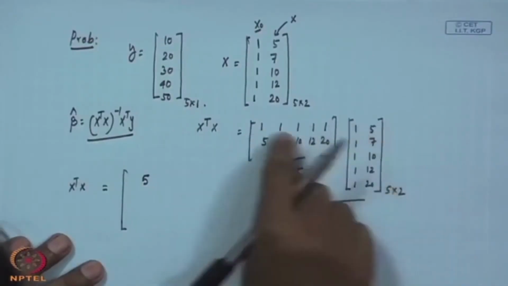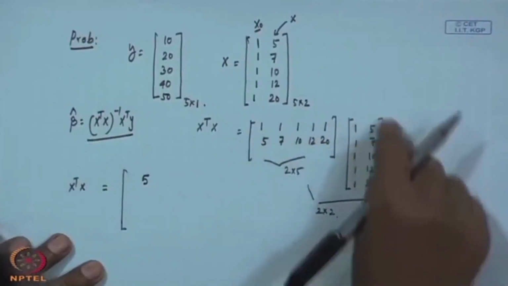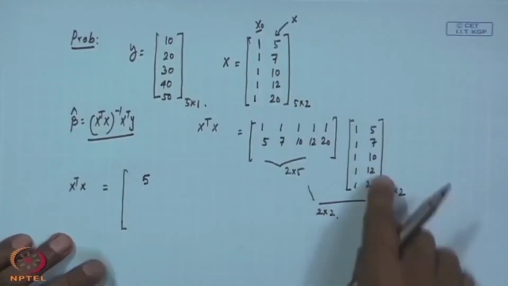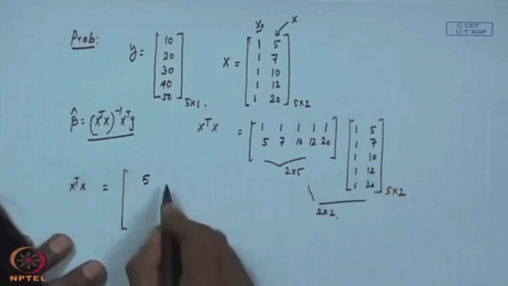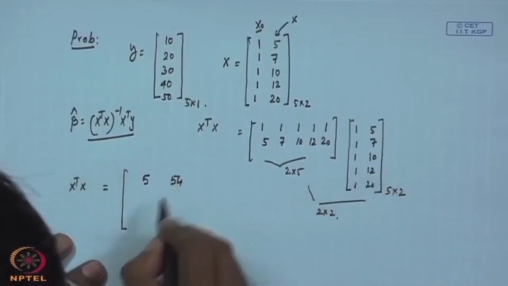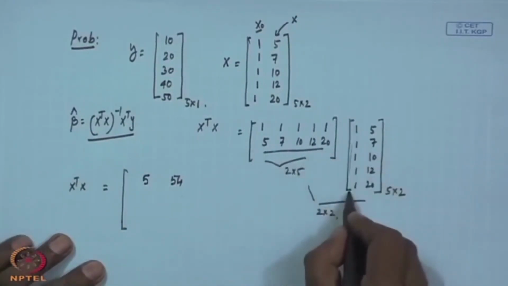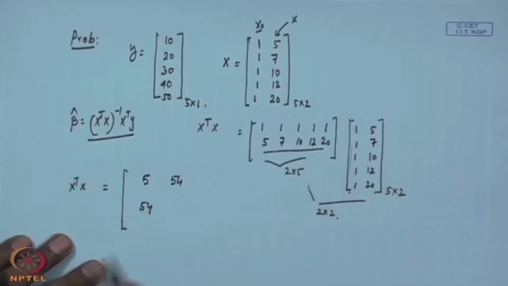Now, this into this like this, the sum of this, 5 plus 7 is 12, 22, 34, 54. On the other side also this cross this will become 54.